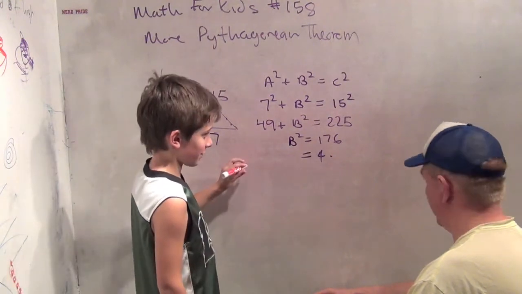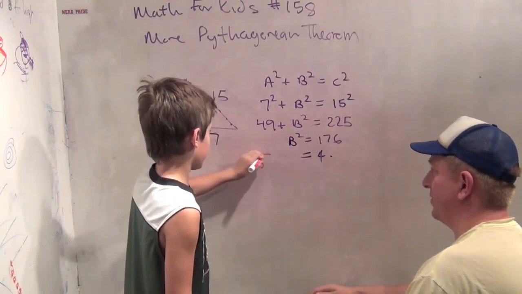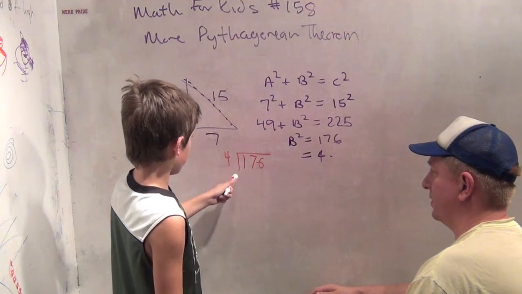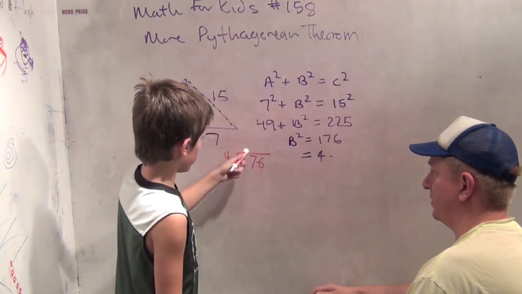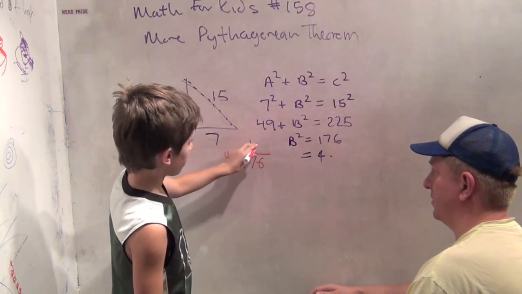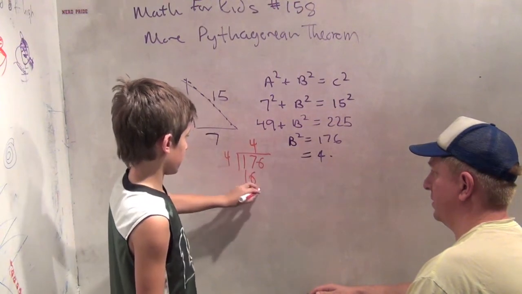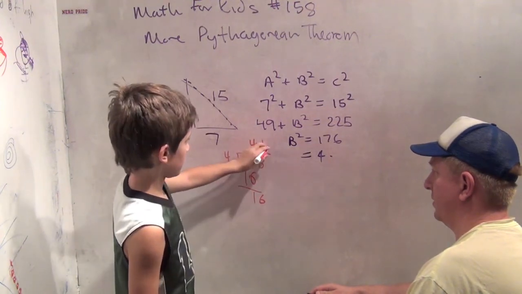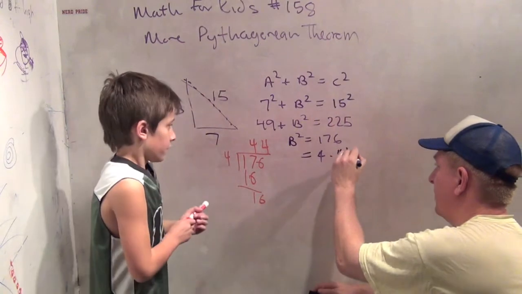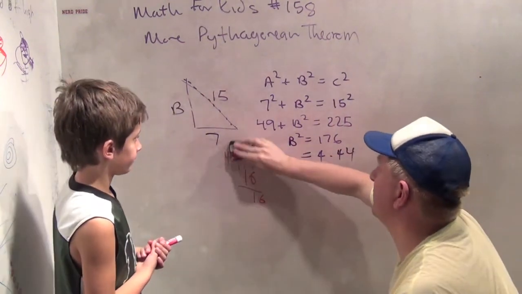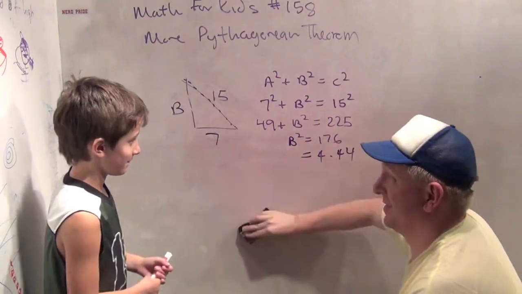Let's just do the long division. Okay, that's fine. So 176 divided by 4. 4 times 4 is 16. Okay, 44.